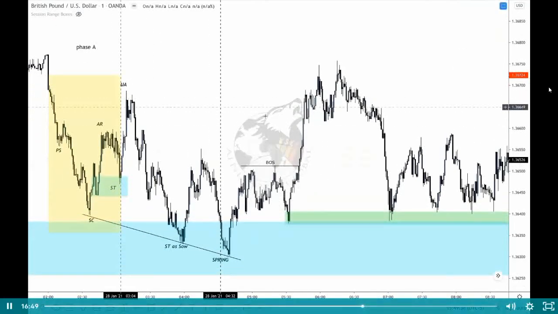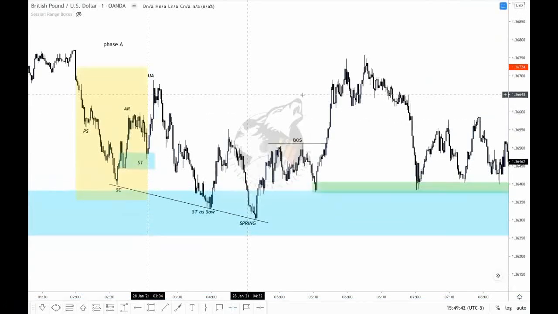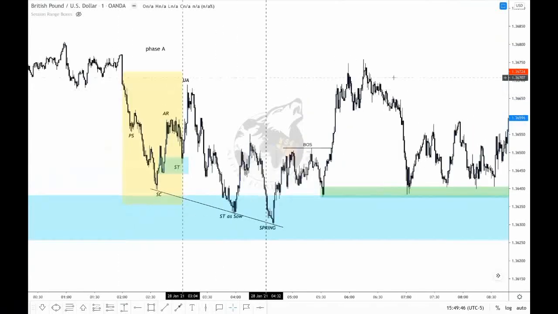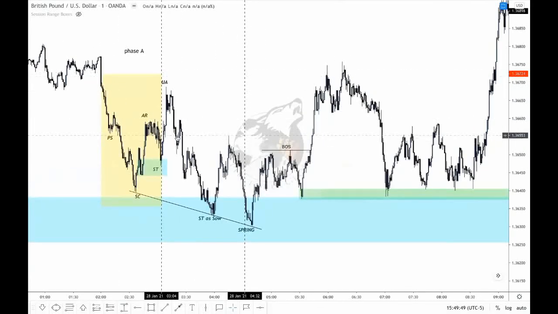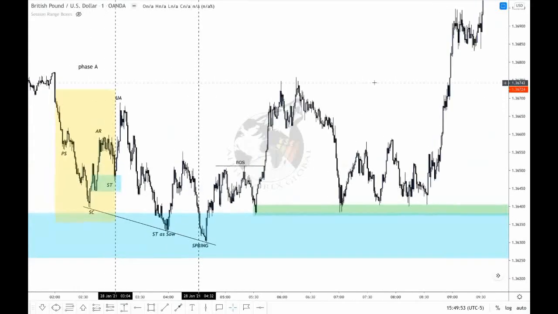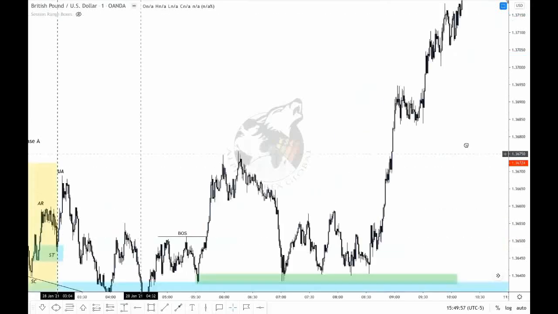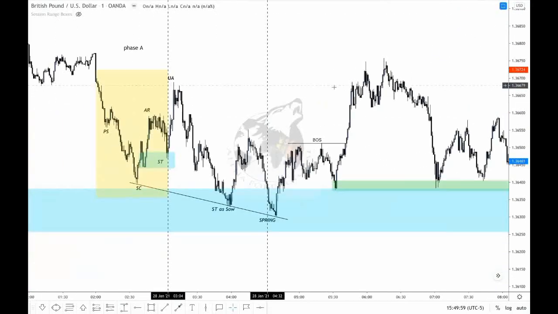But I always take my entries from the spring because that is a safe way. But the schematic is not really complete until phase E, which would be when the market breaks out of the consolidation completely, so somewhere around here. But the spring is another way to take entries.